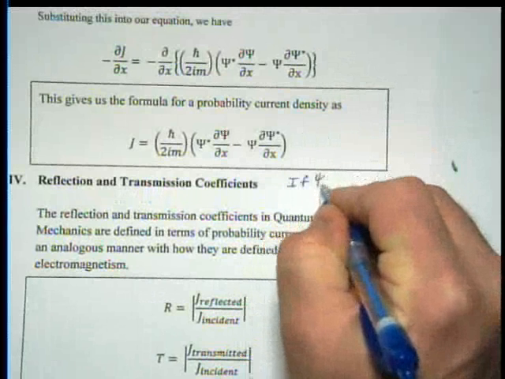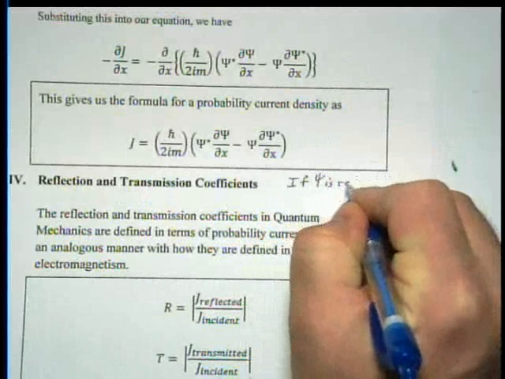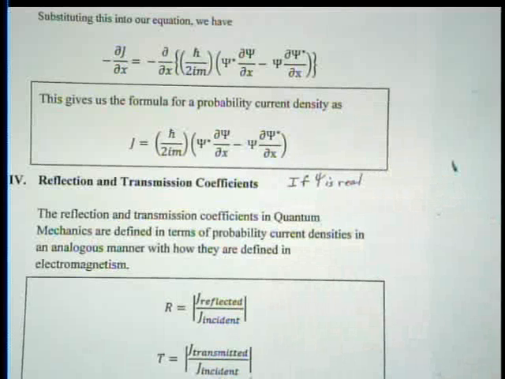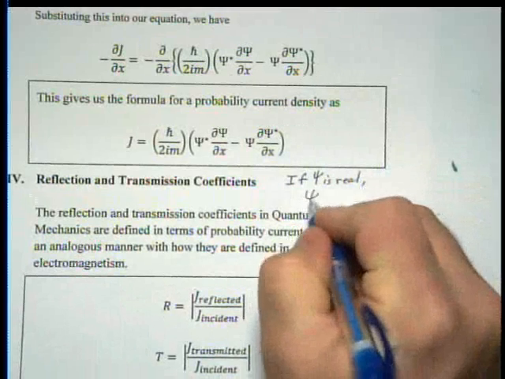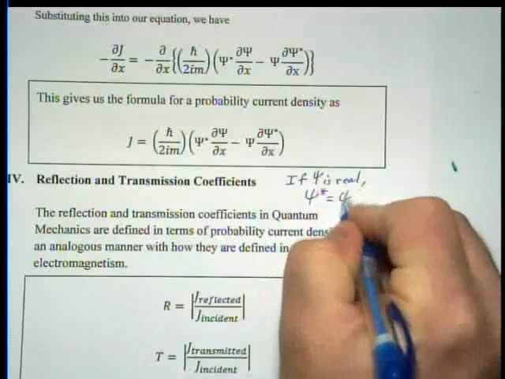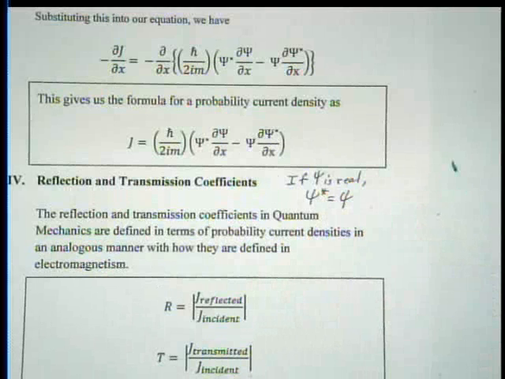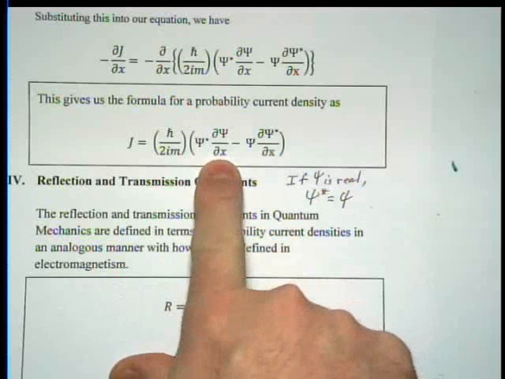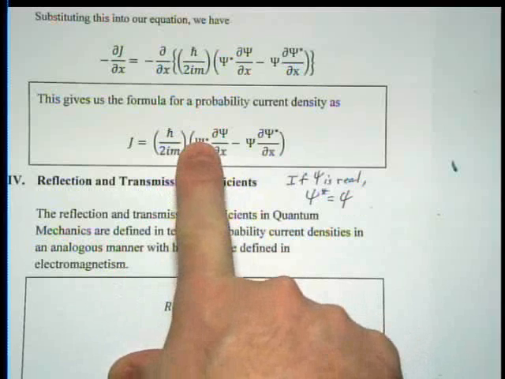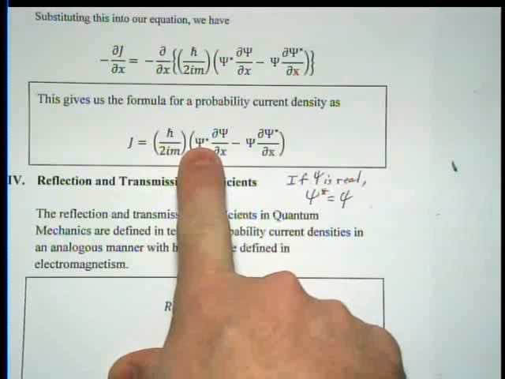If psi is real, then psi star is equal to psi. Now it turns out psi itself can't be real, but the time-dependent part is the same, and its conjugate is the same. It doesn't have a derivative with respect to position. So whether you call this time or only the spatial part, you get the same answer.